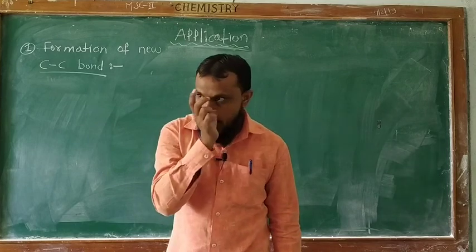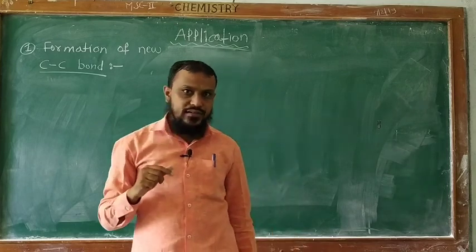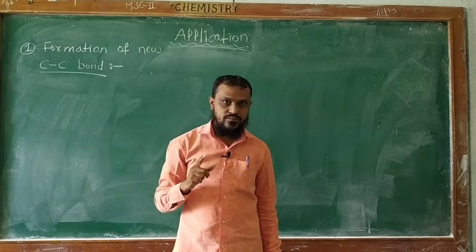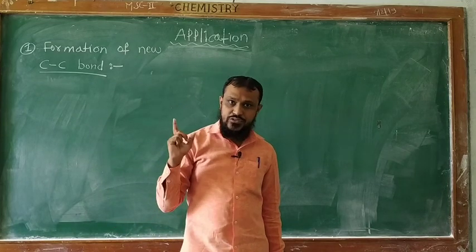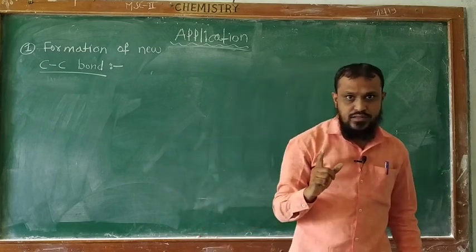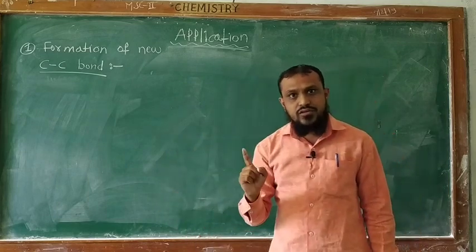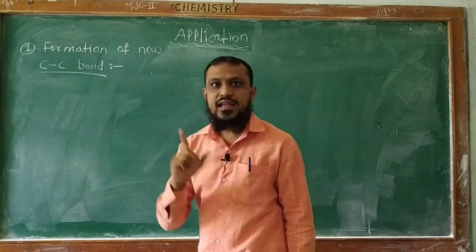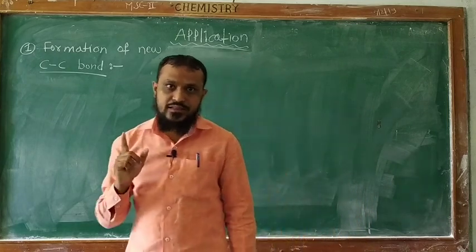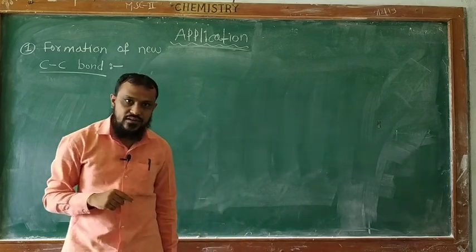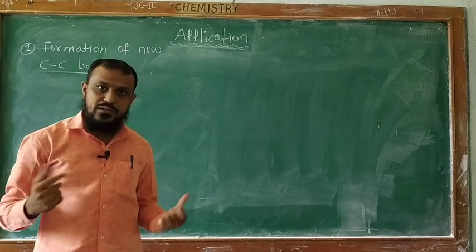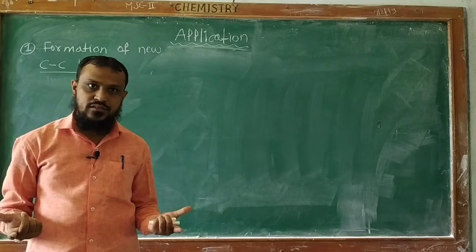In the previous lecture I had discussed how to prepare a new C-C bond. The new C-C bond is prepared by the reaction of a lithiated salt with any alkyl halide. We know how to prepare the lithiated salt.